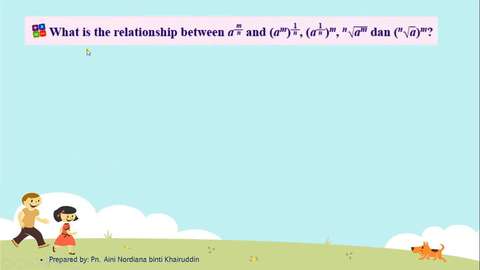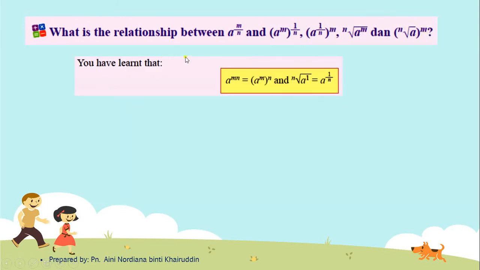So what is the relationship between a to the power of m over n and a to the power of m to the power of 1 over n, a to the power of 1 over n to the power of m, the nth root of a to the power of m, and the nth root of a, to the power of m?